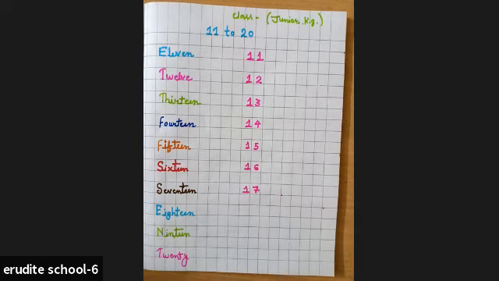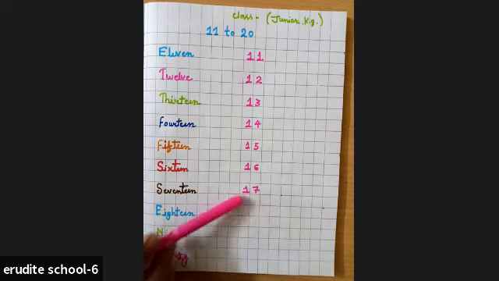Okay, everyone? Devanshi, speak with me, beta. S E V E N T E E N. 17. Okay, beta. Yadansh, you also write in your notebook.